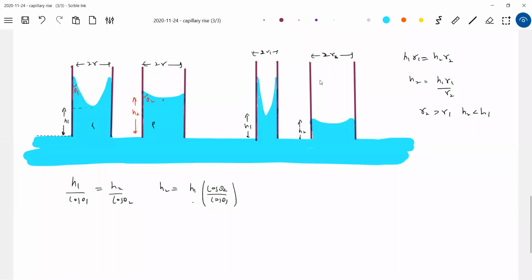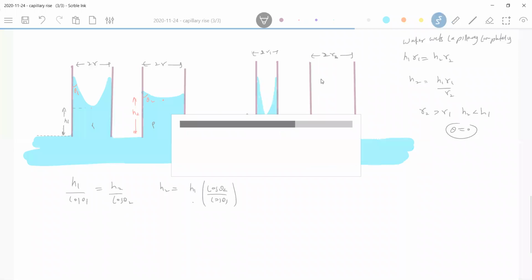That's what I took here. The angle of contact in both cases is 0. I'm unable to show that clearly here. So this water wets the capillary completely. That is the basic condition.